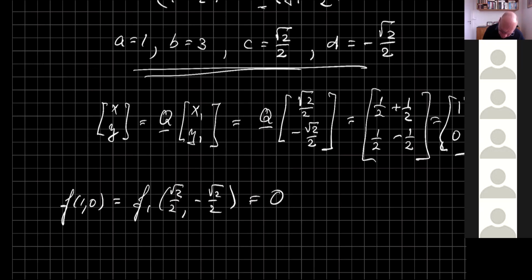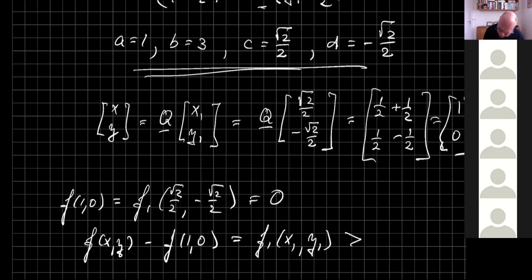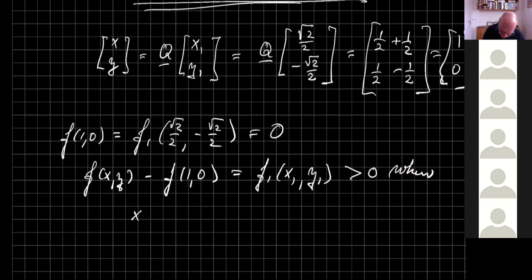But moreover, you know that f of x, y minus f of 1, 0 is equal to f1 taken of x1, y1, and you know this is greater than 0 when x, y, I should say, is different from 1, 0.